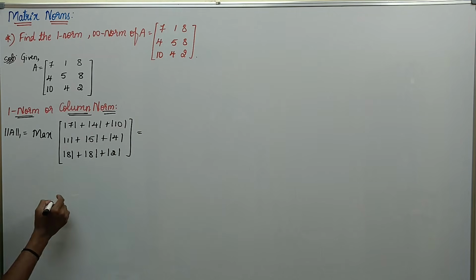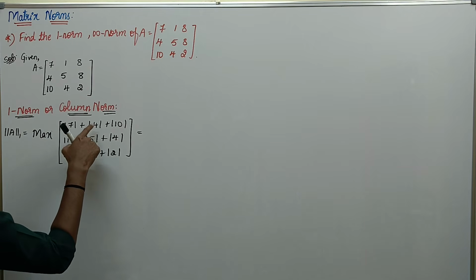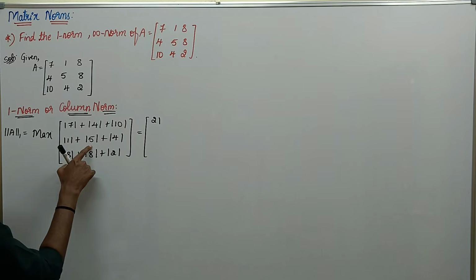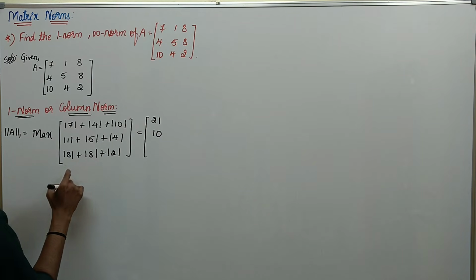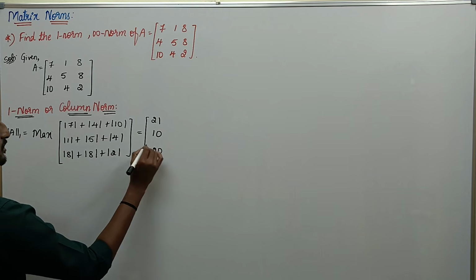Okay, done. See, 7 plus 4, 11. 11 plus 10, 21. Next 1 plus 5, 6, 6 plus 4, 10. Next you have 8 plus 8, 16, 16 plus 2, 18.